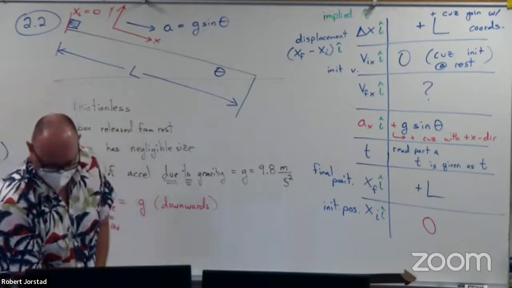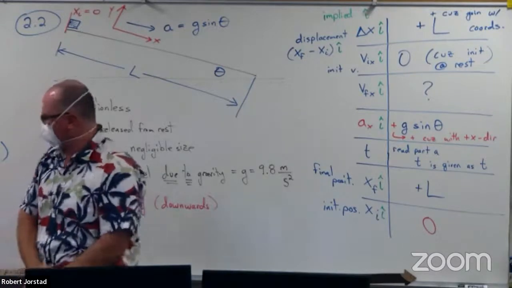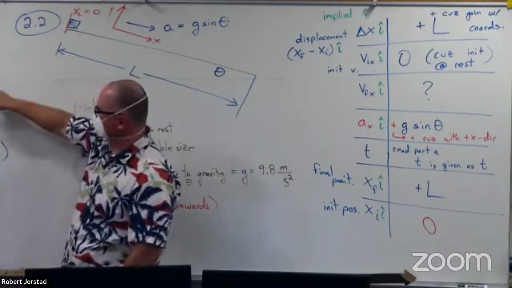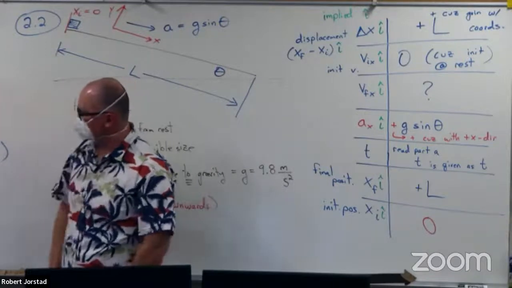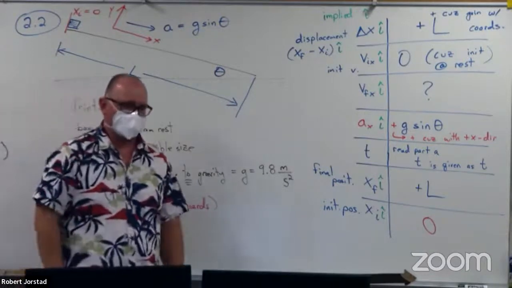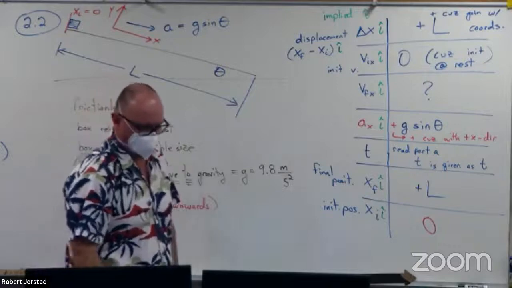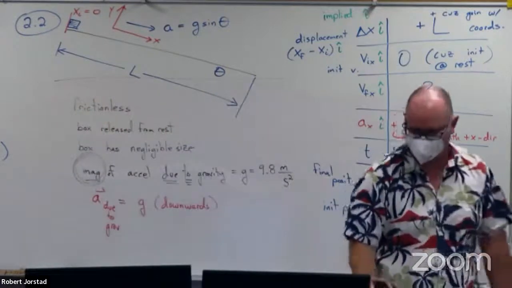I think we've got most of our equations, most of our assumptions listed. The next step is to list our equations, right? Now, what do I mean by that? Tell me any equations you can think of that might relate to this problem.